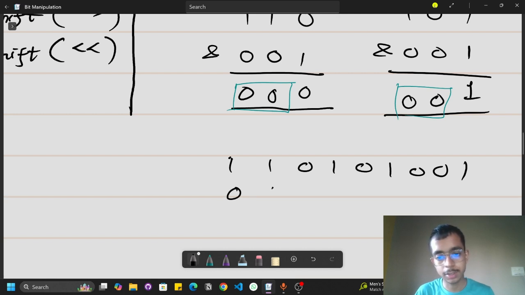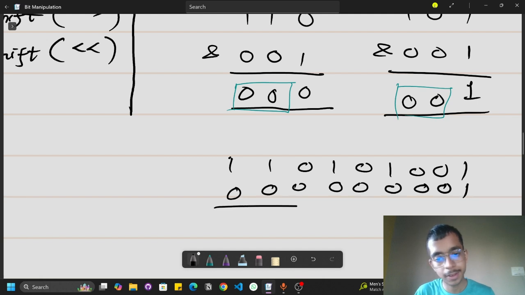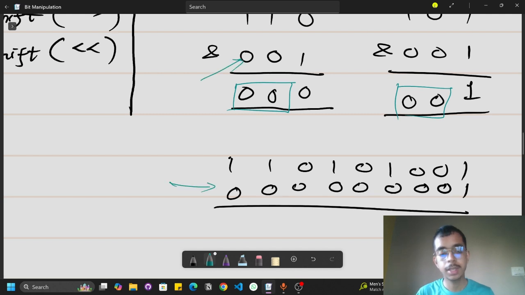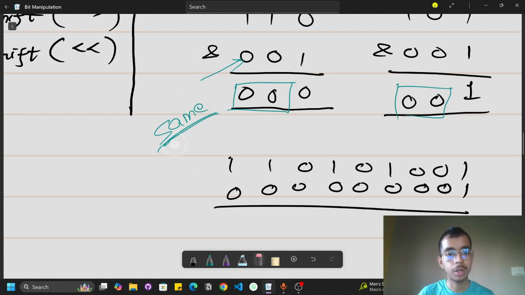And I got this number. Actually, if you see this number here and this number here, these are essentially same, because adding zeros at the front will not result in any change in the number.